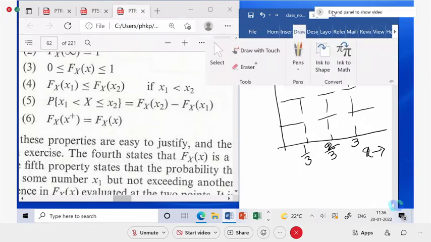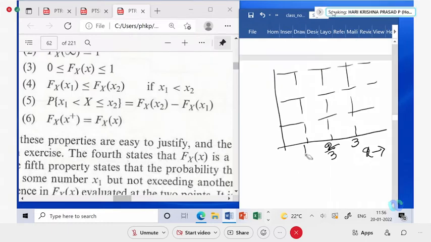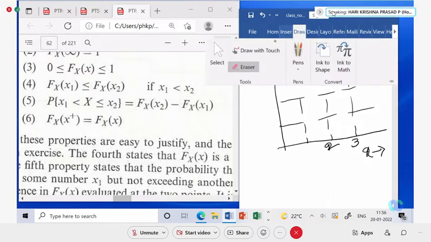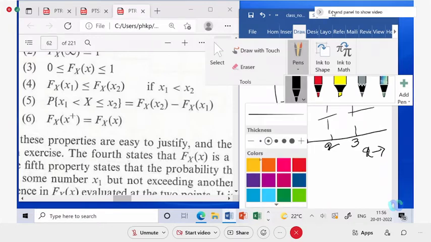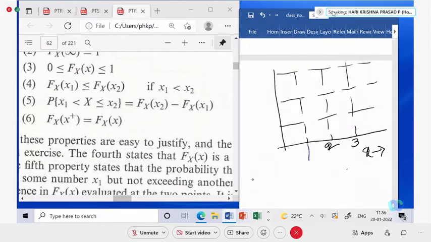I want the eraser now. Next pen I have to take, right? Okay. This is 1, that is 3. Probability of random variable x taking a value of 1.